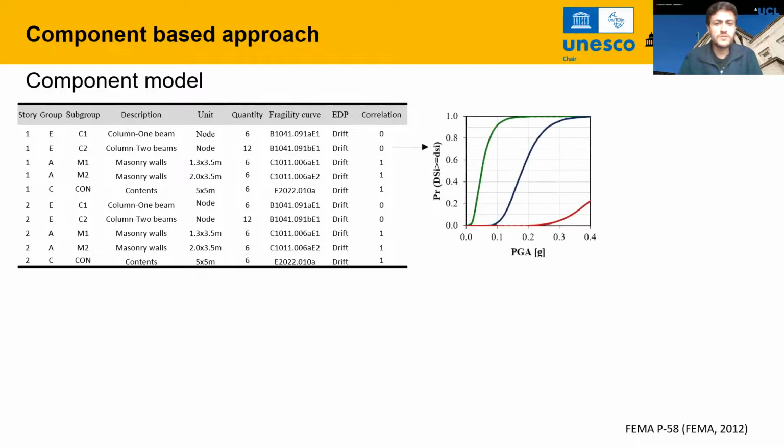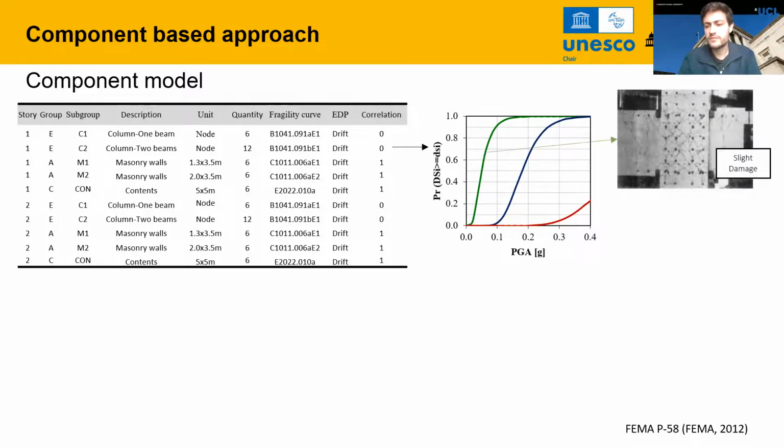For this, you need first to establish a component model for your building, in which for each one of the stories, you can specify all the structural, architectural, and contents elements. And for each one of the elements, you will assign a particular fragility curve. But this curve is different from the one that Hasana just presented, because this fragility curve is for a particular component in a building, not for a building itself.